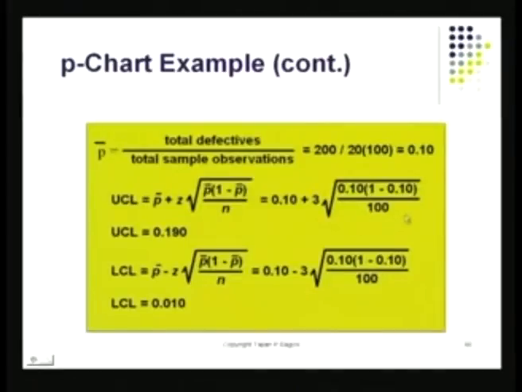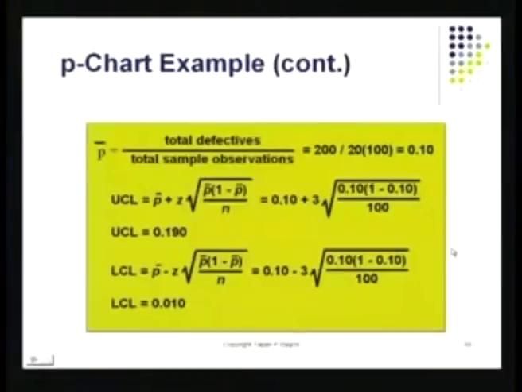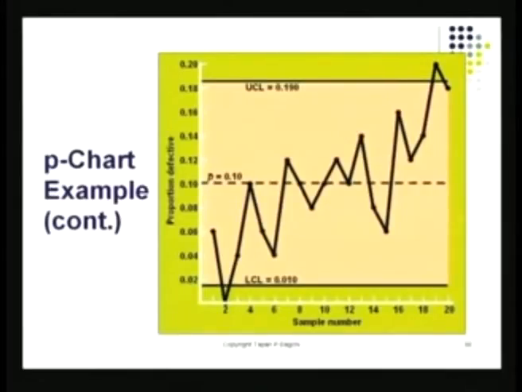If you do the calculation, you'll find the upper limit turns out to be 0.190 and the lower limit 0.010. If p, the fraction defective in any of those lots of size 100, is above the upper control limit or below the lower control limit, it's an exceptional situation. I have to stop the process and investigate the causes, just like we used the reaction plan in the X bar R case.